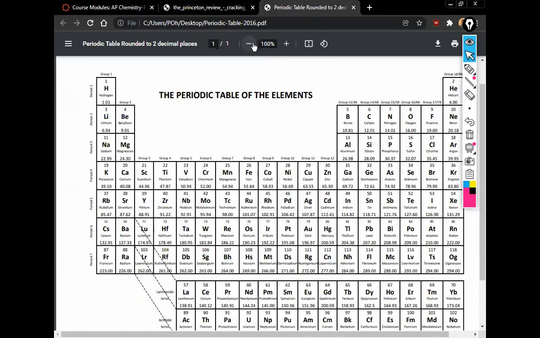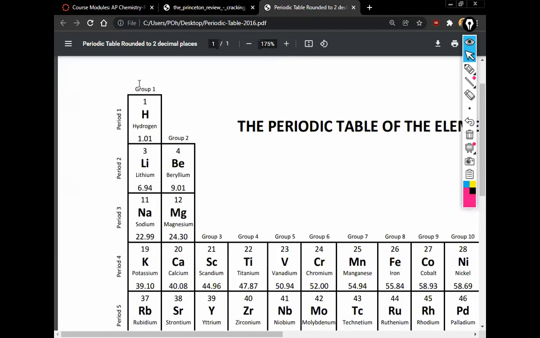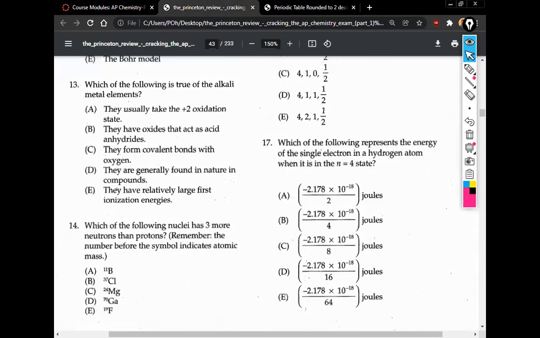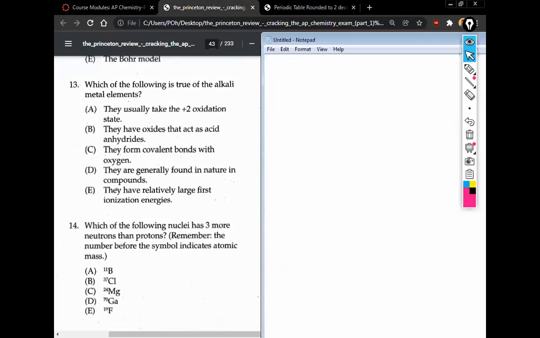Anyone remember? Alkalis are group 1. Group 2 is alkaline earth. So if you didn't pick group 1, then sorry, you probably got this wrong. So group 1, the first column.